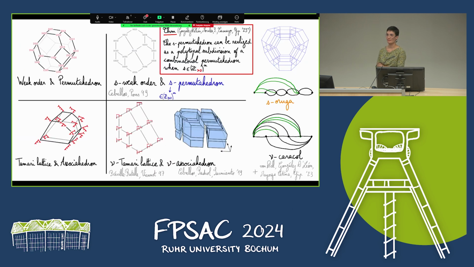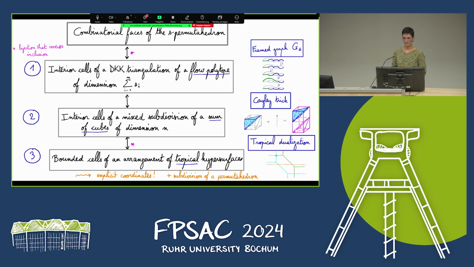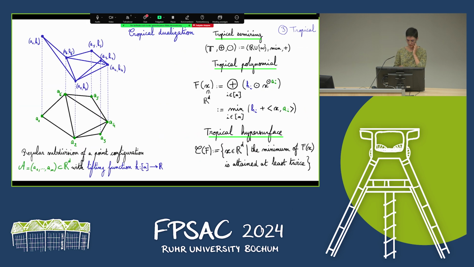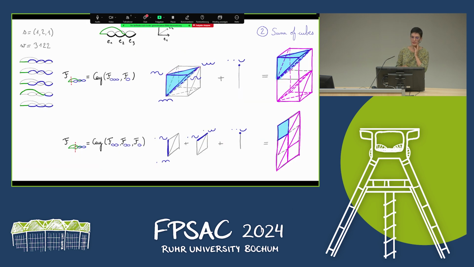Thank you for the very nice talk. When you decompose these oruga graphs, or the flow polytopes for the oruga graphs, into Cayley sums, is that specific for this type of graph, or could you do this for more general graphs? Not really.